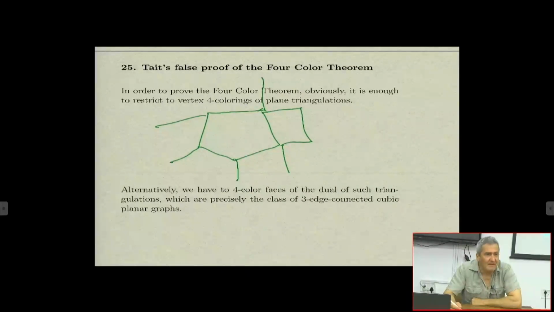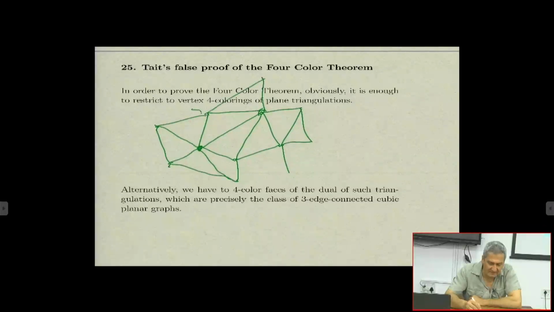What is obvious from what we know now is that we can assume this graph is a triangulation. We can triangulate every face and so on.